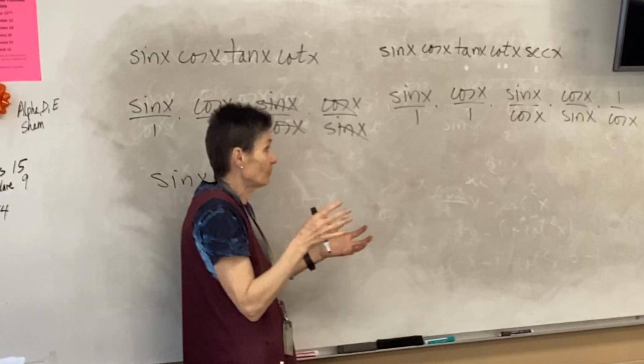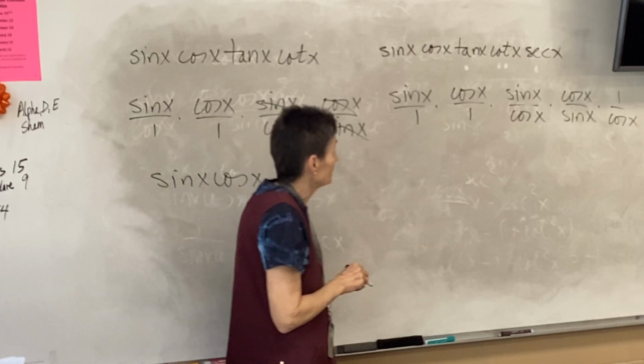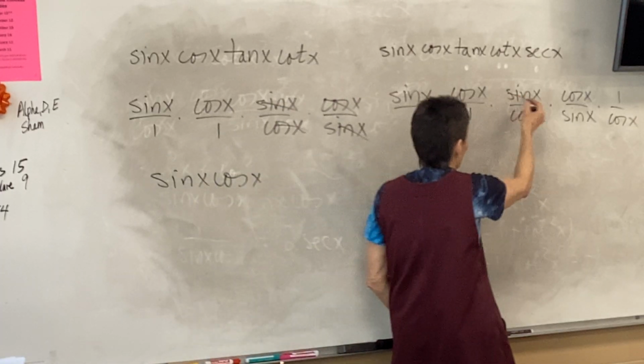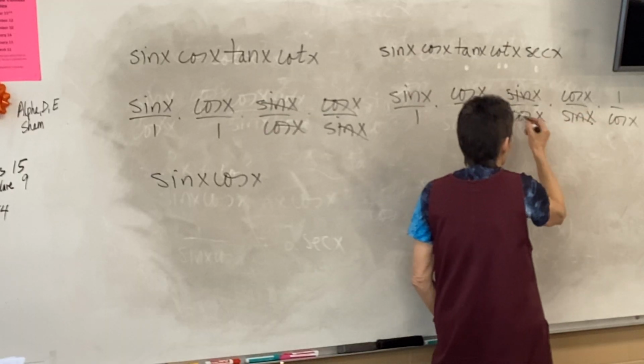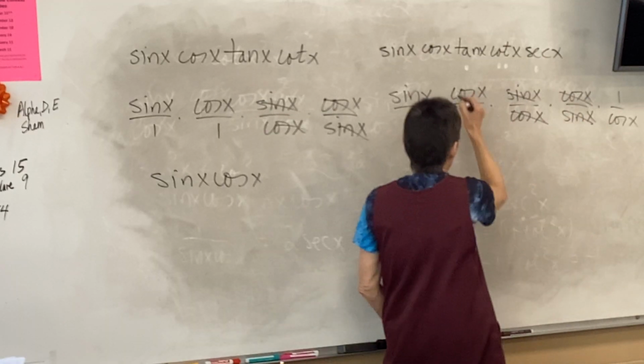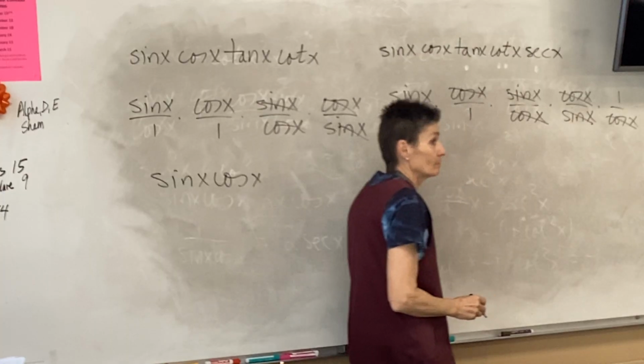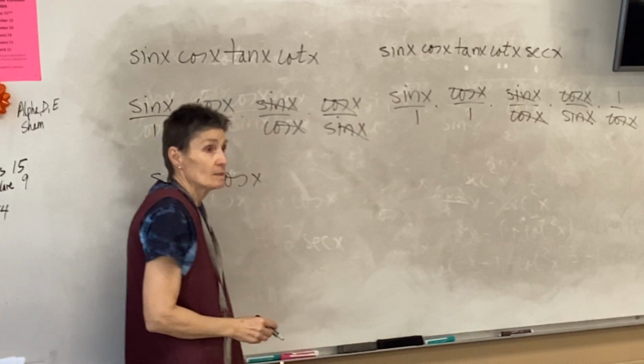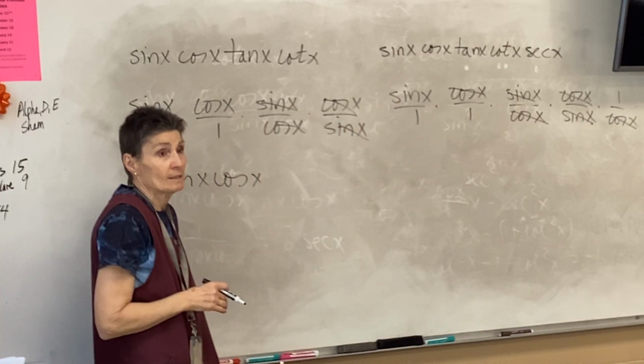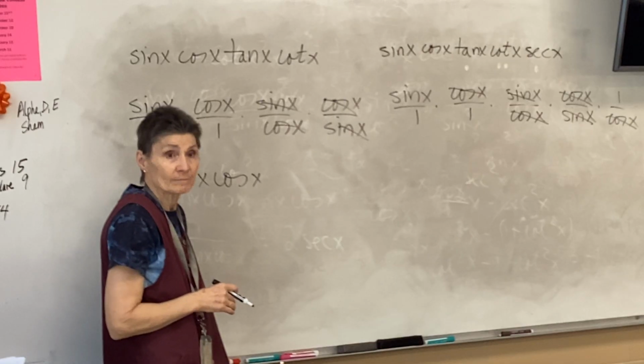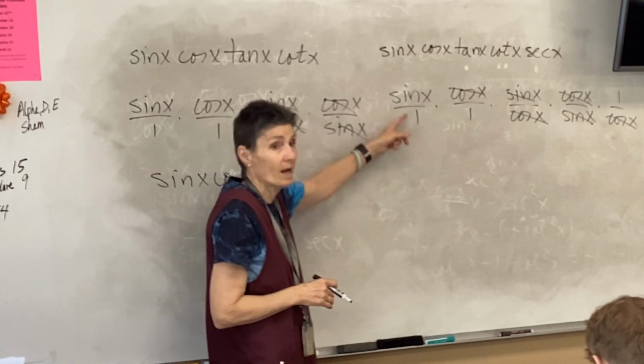And then, hopefully, things will cancel. So that will cancel, that will cancel, and that will cancel. So that one is just sin x. Yep, all you have left is a sine.